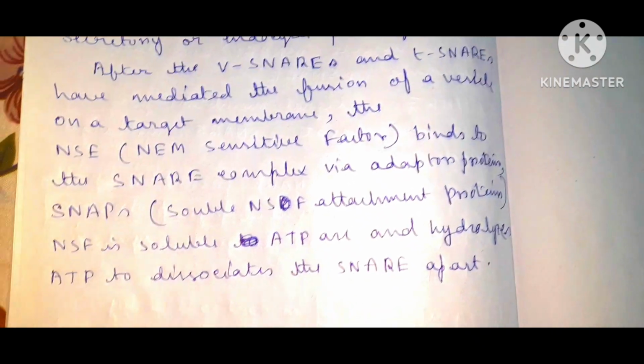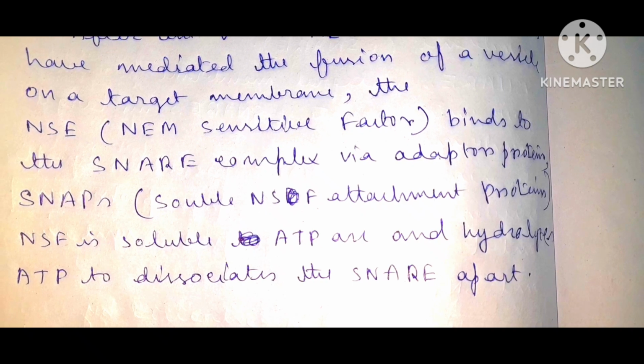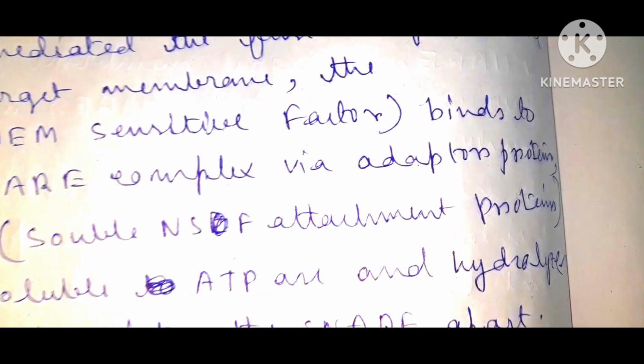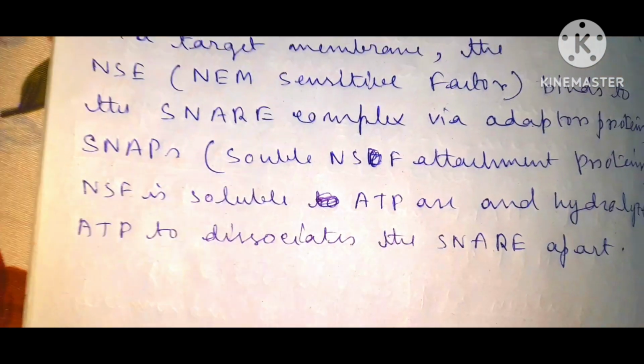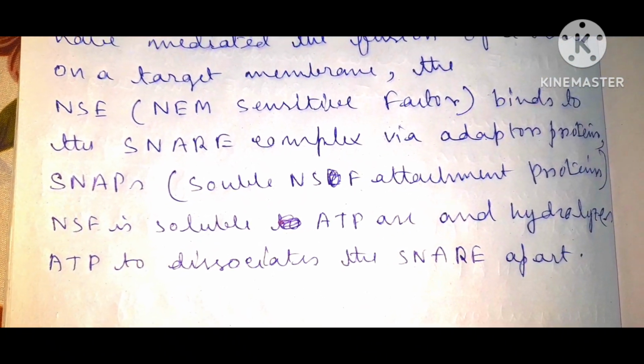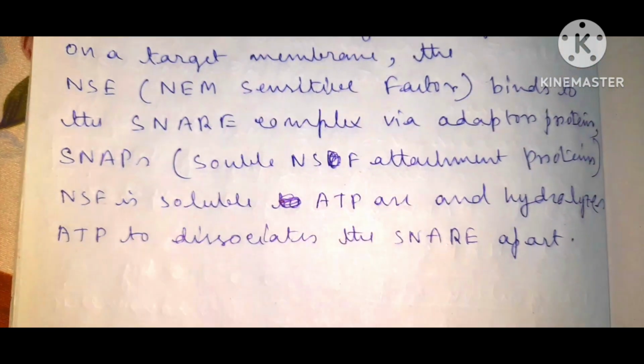After the v-SNARE and t-SNAREs have mediated the fusion of a vesicle on a target membrane, the NSF, the NEM-sensitive factor, binds to the SNARE complex via the adapter protein SNAP. SNAP's full form is soluble NSF attachment protein.